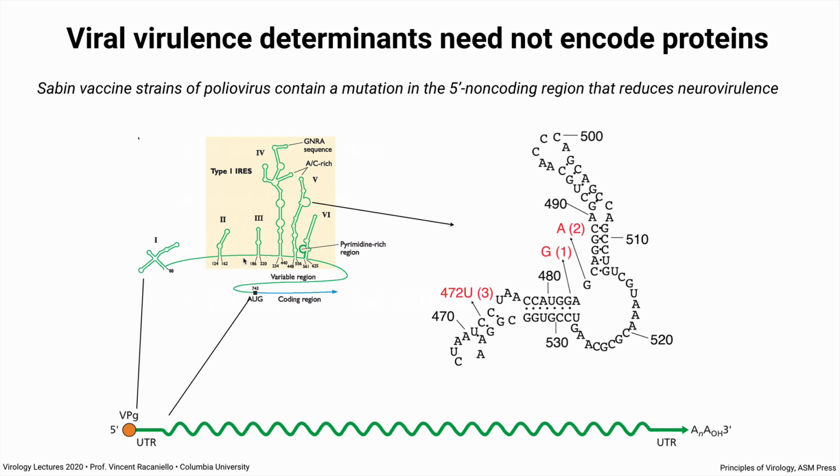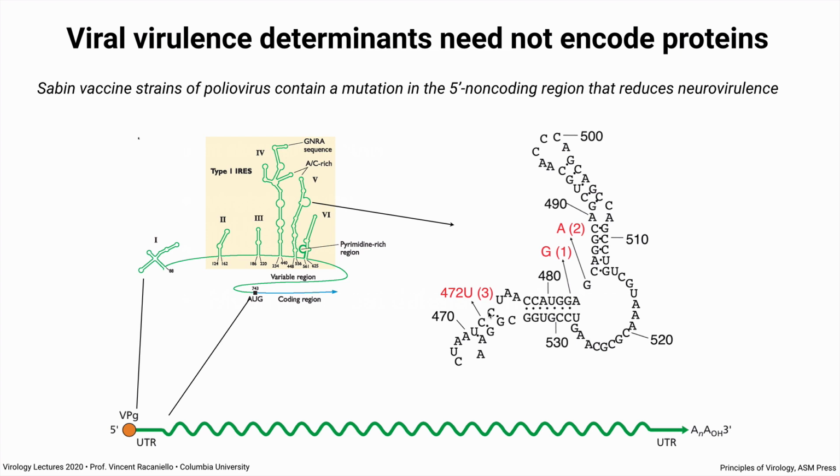The 3 Sabin poliovirus vaccine strains all have single base changes in the 5' non-coding region, specifically in this stem loop 5, which is expanded on the right here. And these mutations are shown here in red for the type 1, the type 2, and the type 3 vaccine strains. Single base changes in each case from here G to A to G, and C to U.